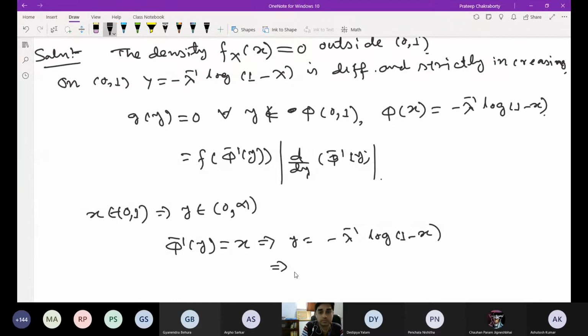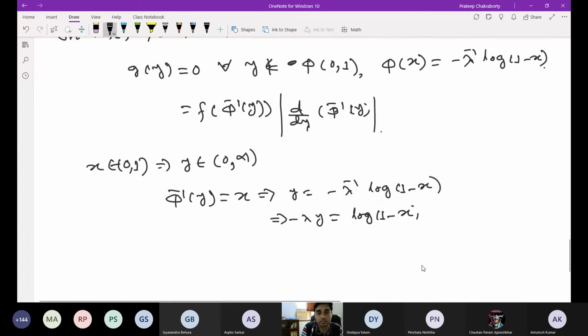This gives lambda y equals minus log 1 minus x. So this gives e power minus lambda y equals 1 minus x. This gives x is equal to 1 minus e power minus lambda y.